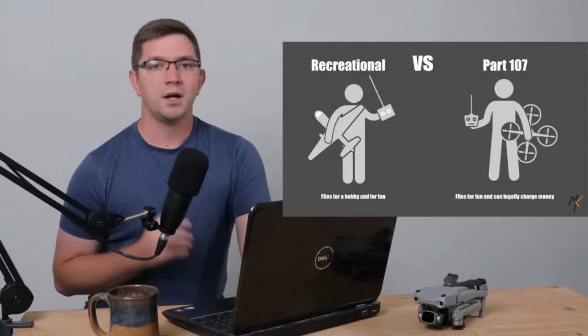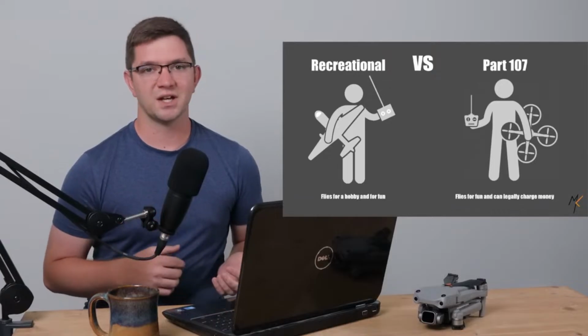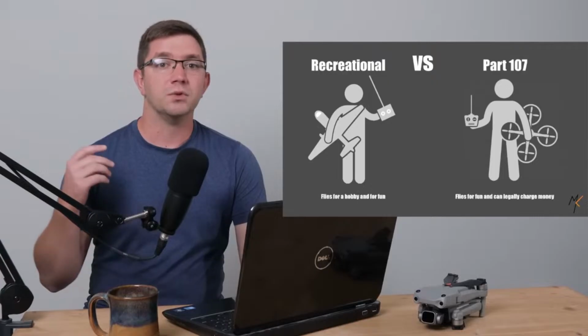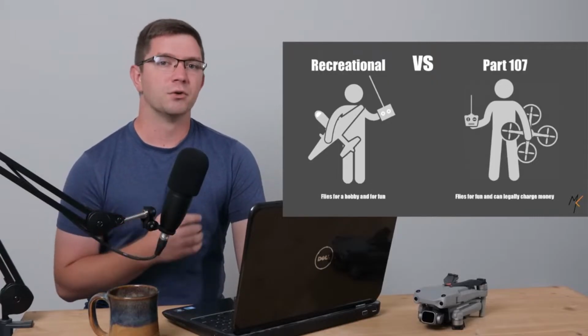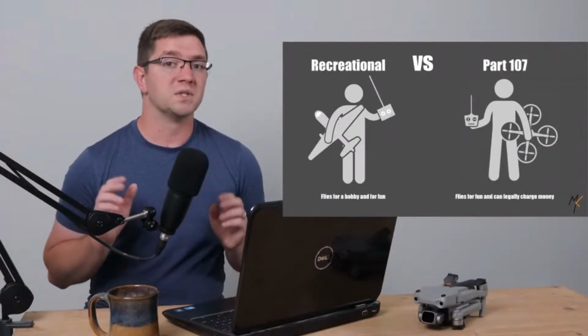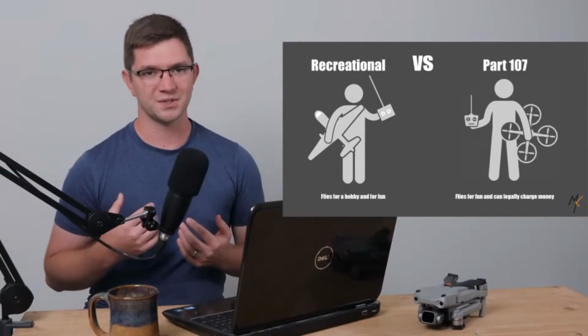Now, what about if you're flying for something like tickets to a football game or a discount for a product or service, just an exchange like a barter? If you fly your drone for any type of compensation, even a barter, you're still required to be licensed by the FAA, and the flight conducted would be considered commercial because it's an exchange of something for your time and service.